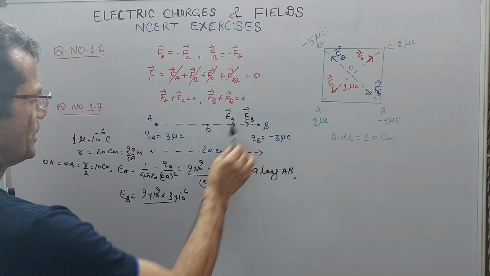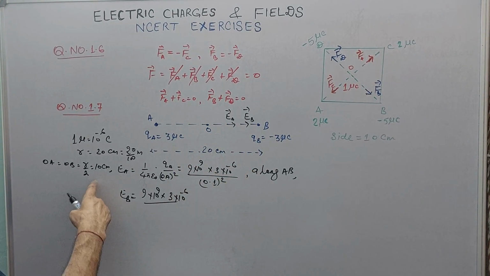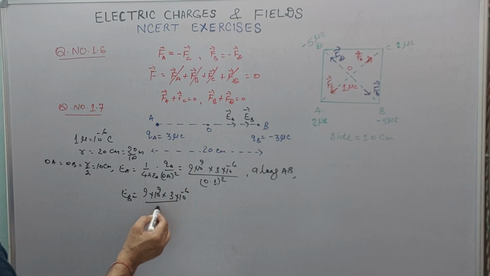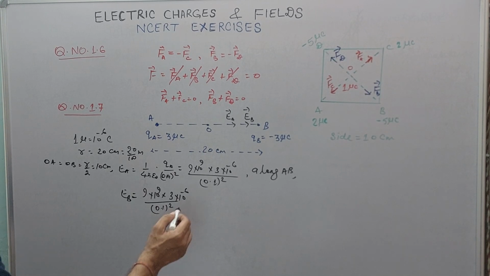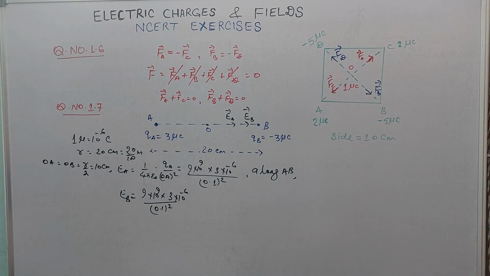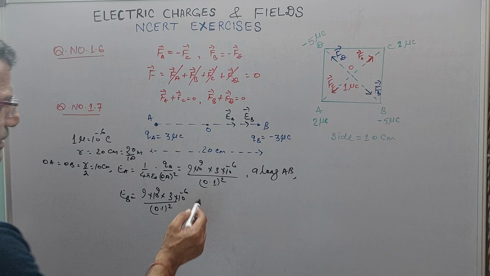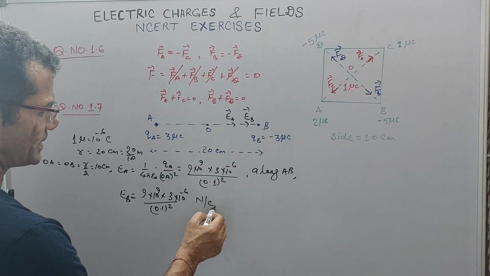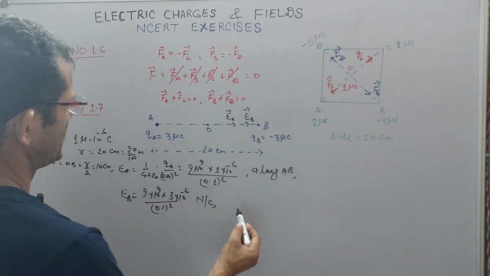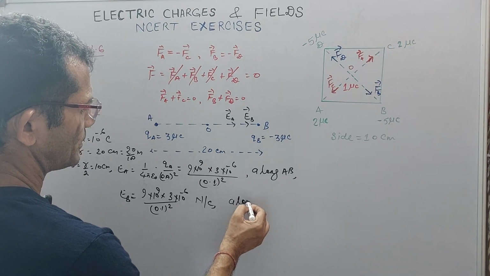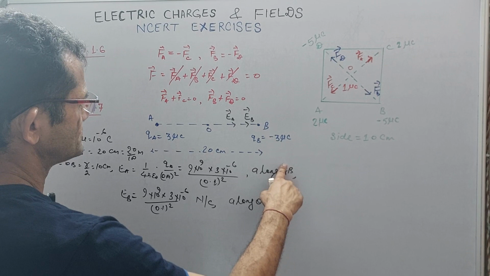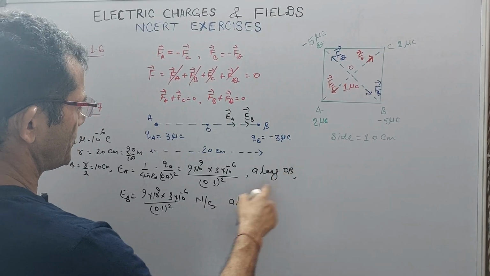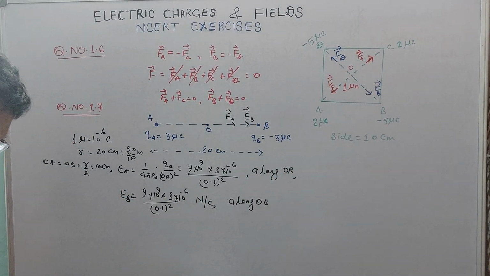Distance will be OB, and OB square is 10 centimeter, converted to meter is 0.1, that is 10 divided by 100. 0.1 whole square. The unit is Newton per coulomb, and its direction will be along OB.